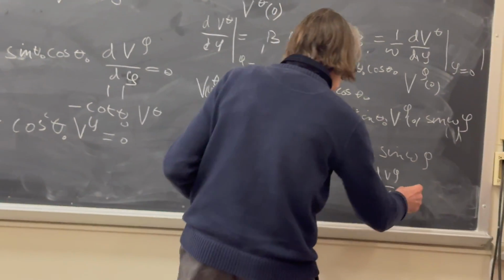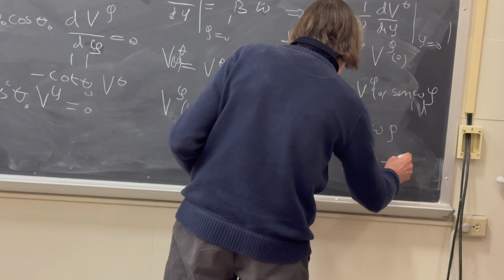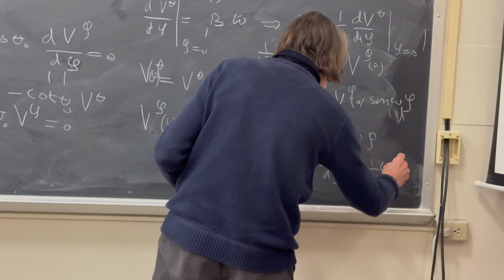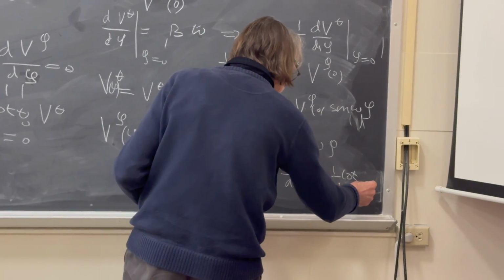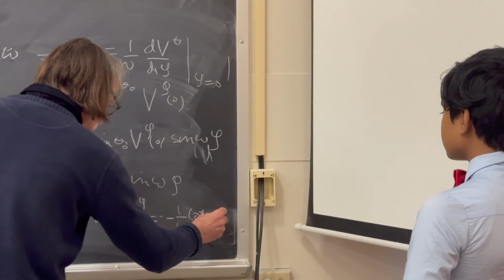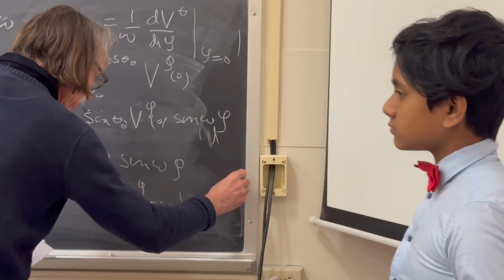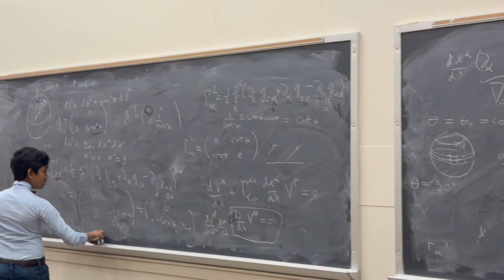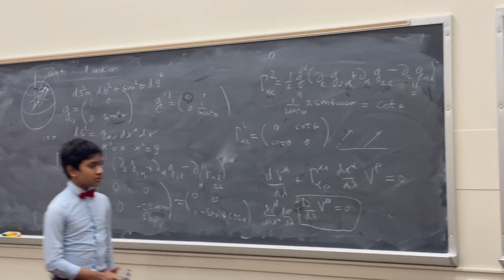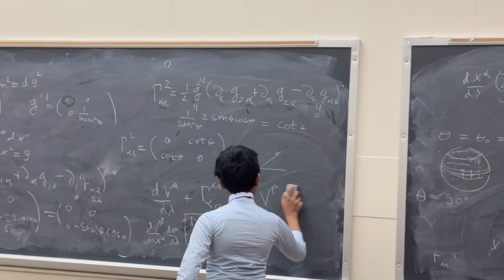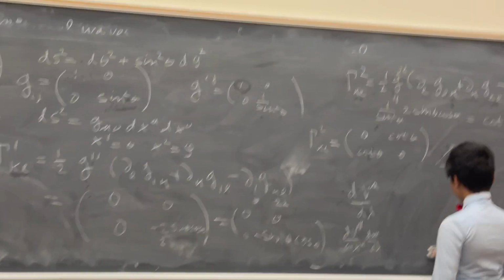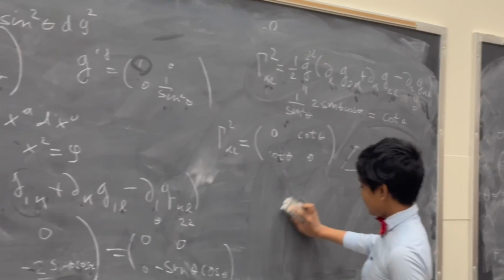This is equal to minus 1 over omega times the cotangent, and we run out of space, of theta 0 times v theta. I'm going to get the eraser. Yeah, we have to move to the other part. So I have to check my equations.